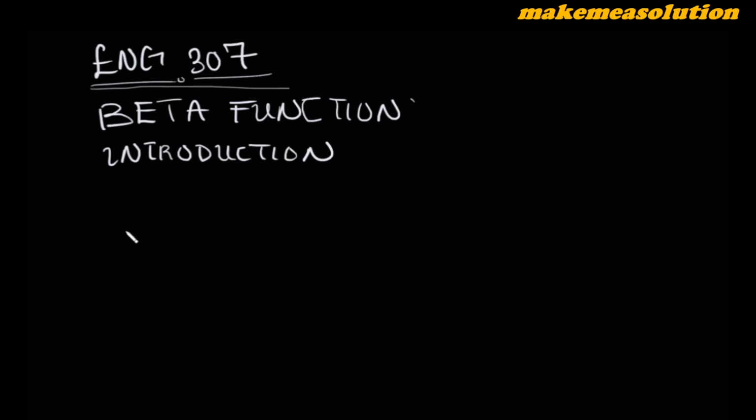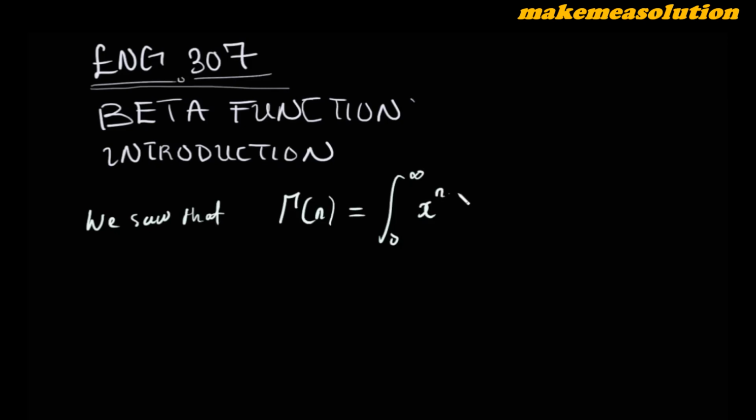Now, beta function is also a special integral function. We've looked at gamma function in the past, so we saw that the gamma of a number n is evaluated as this special integral: x to the n minus 1, e to the minus x, dx.